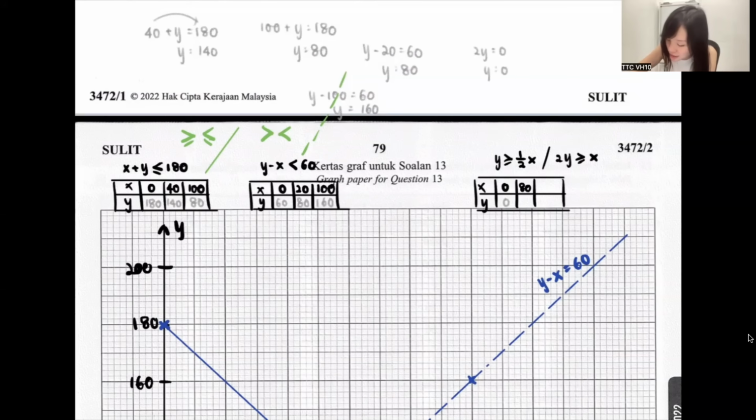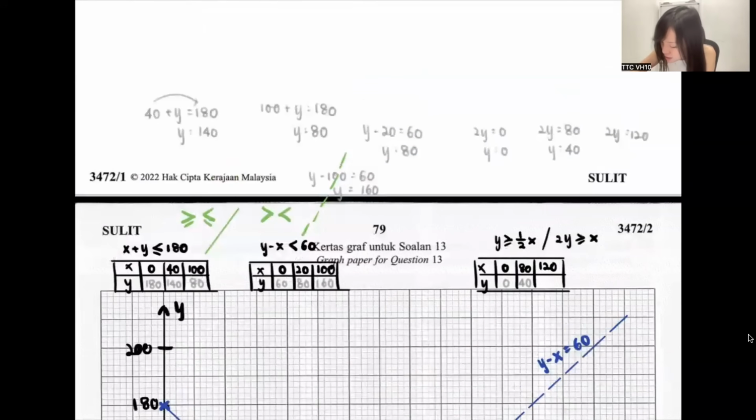If I put 80, Y I get 40. Quite low. Okay? Next one, let's say I put 120. If X I put 120, Y I will get 60. So this one 60. Okay, guys, all find that?